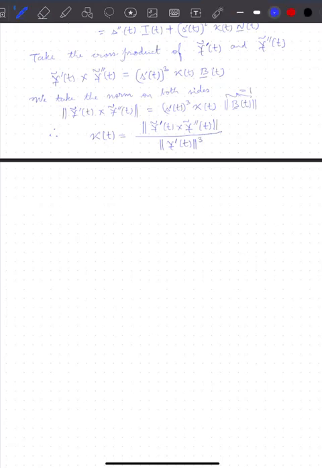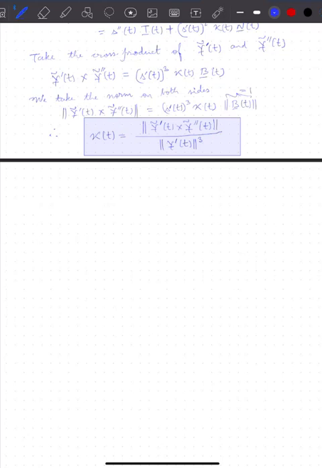So now we can see why we require the curve to be regular. For a regular curve, gamma prime of t is not the zero vector. So this is a general formula that we can use to determine curvature for any case, be it a unit speed curve or a non-unit speed curve.